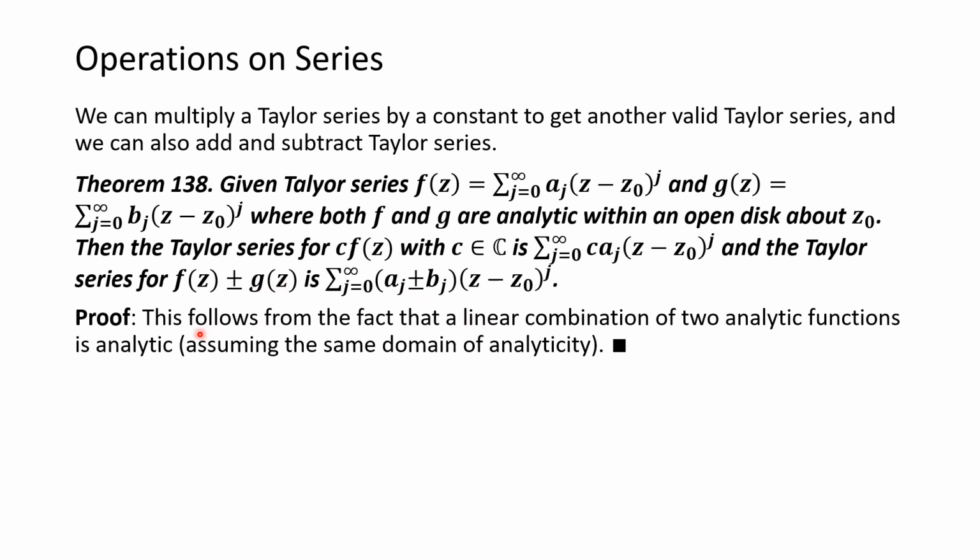And the proof follows from the fact that a linear combination of two analytic functions is analytic. We saw that when we talked about analytic functions, that you can add them, subtract them, you can even divide and multiply them, but we're just using the additive and subtractive properties here.